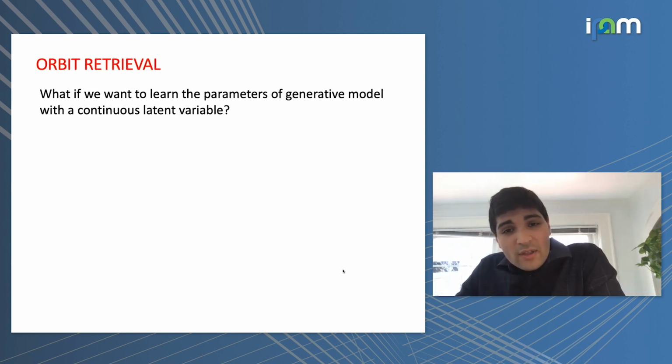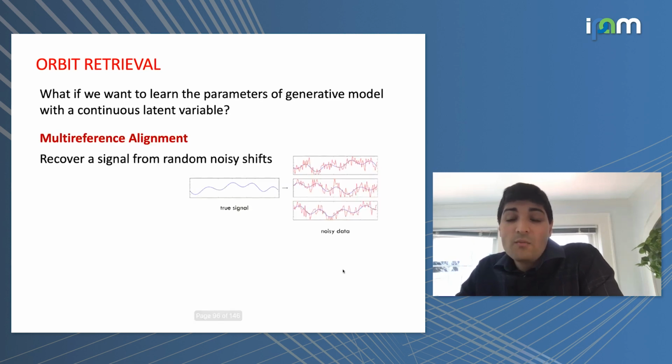So one of the other things that we can do is we can ask to learn the parameters of a generative model, which now isn't going to have a discrete set of possibilities for a latent variable model. It'll have a continuous set of possibilities. So let me give you some examples, and this will be really a general class of problems that are called orbit retrieval. So there's one thing called multi-reference alignment.